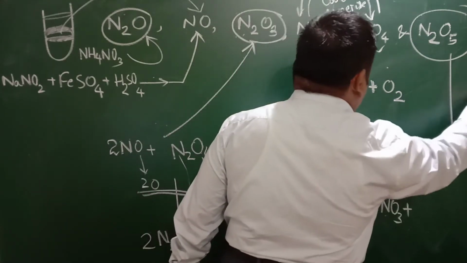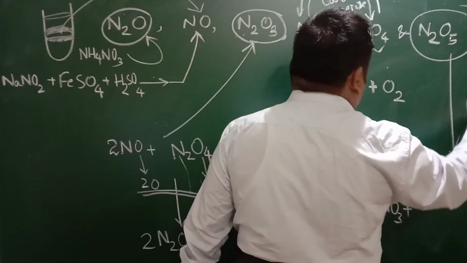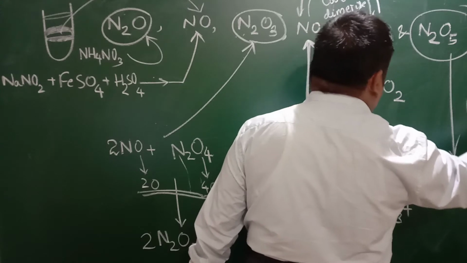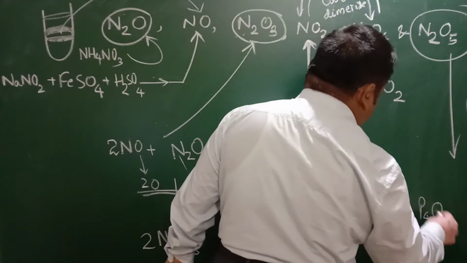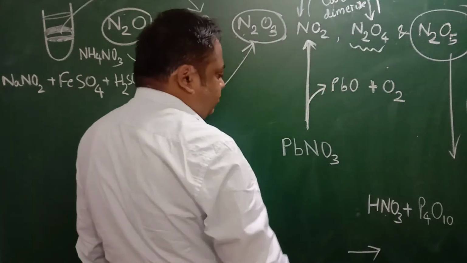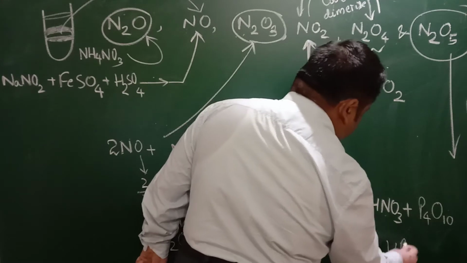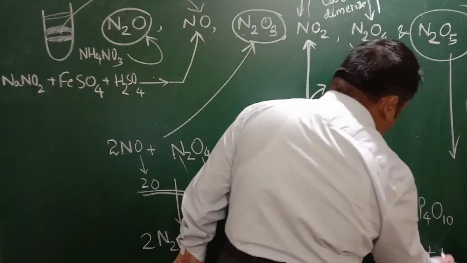Just compare it with P2O5. But P2O5 exists as P4O10, as I said earlier. So it reacts with P4O10 and forms HPO3 and N2O5.